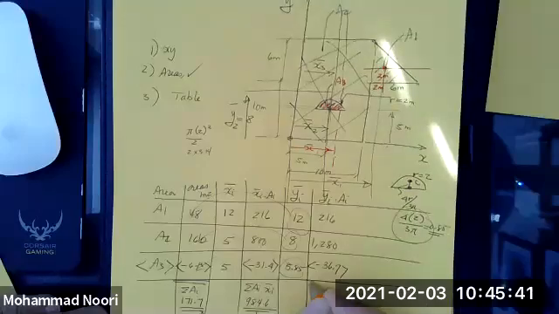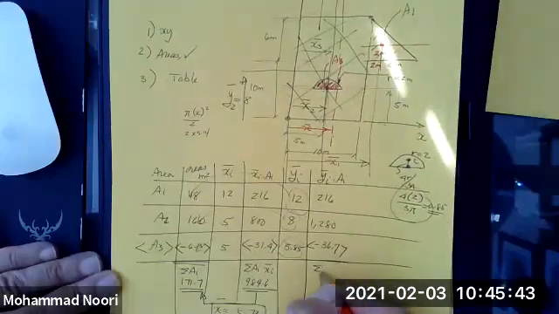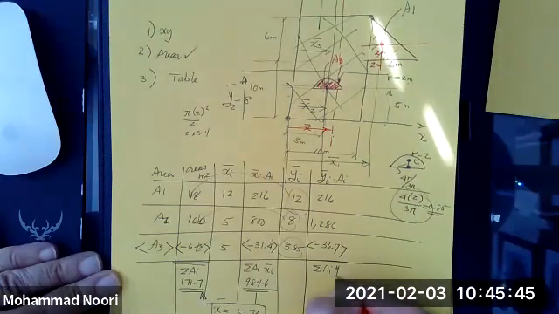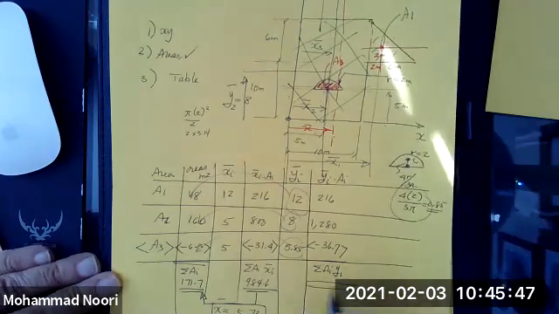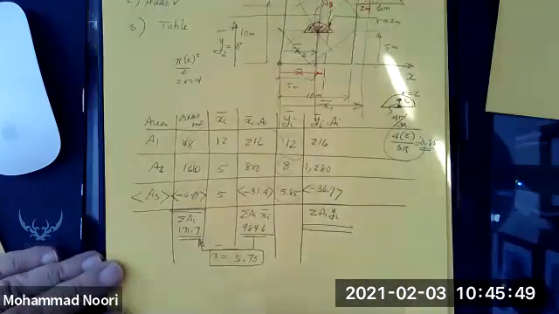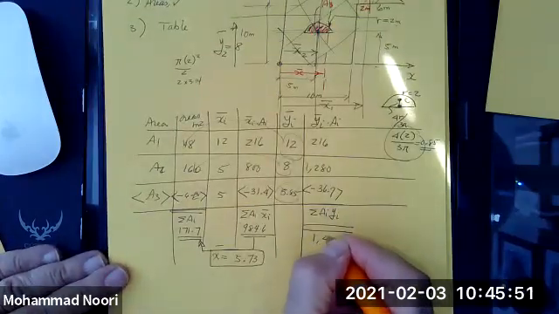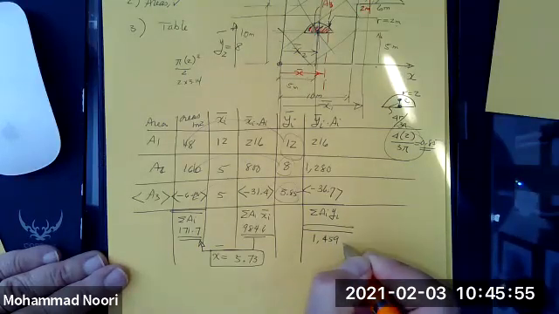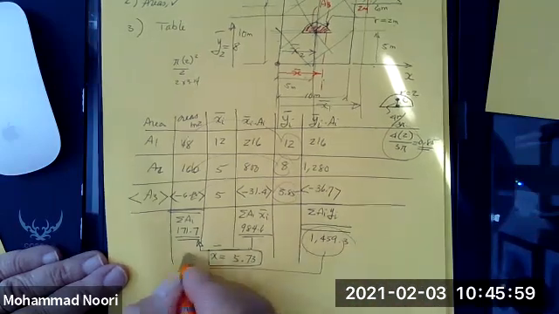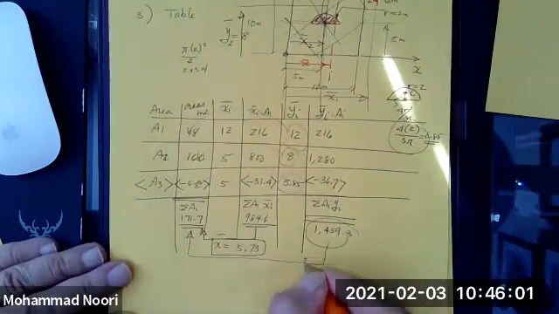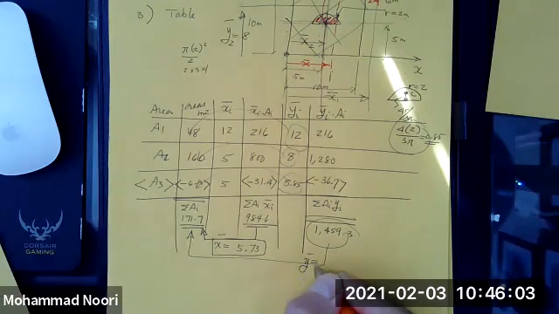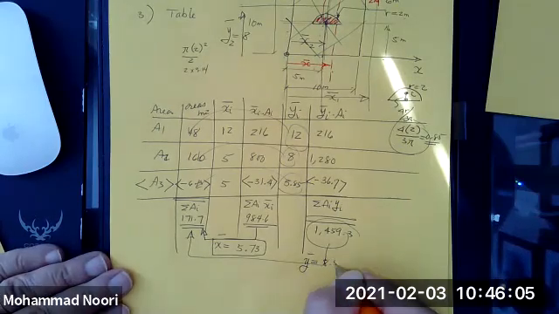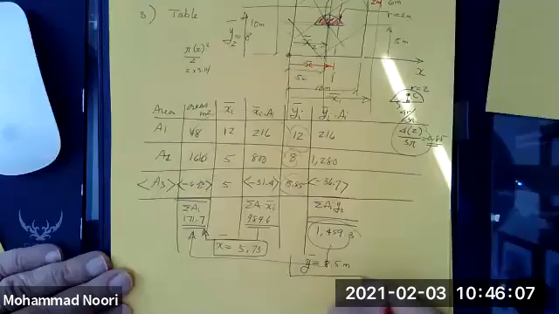Now, if you add these up, that would be sigma ai yi, and I've added them up for you. That will be 1,459.3. Now, if you divide this by this, you get y bar, which would be 8.5 meter.